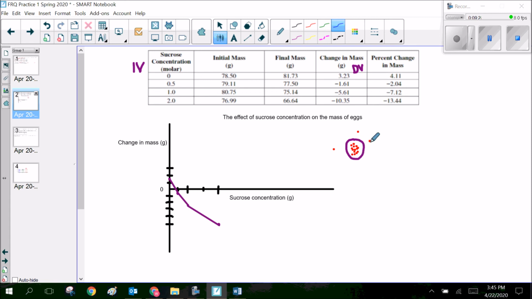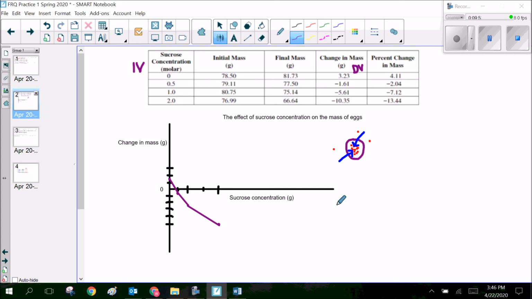Remember, pure water has a very high water potential, whereas water mixed with a lot of solutes has a very low water potential. So the inside of the cell has a lower water potential than the outside. And because water likes to diffuse passively through osmosis from a high to a low water potential, we are going to see water enter into the cell, and the cell will expand in size.